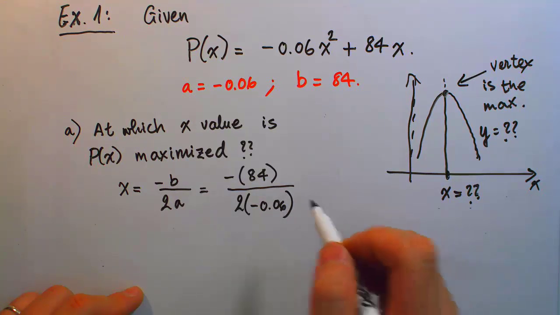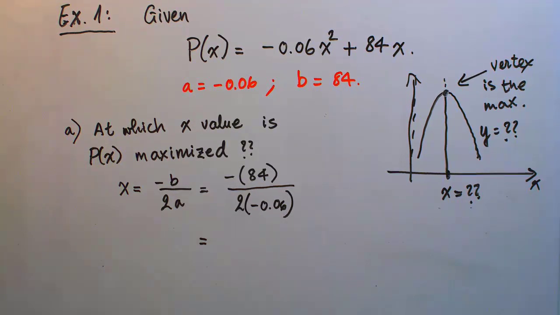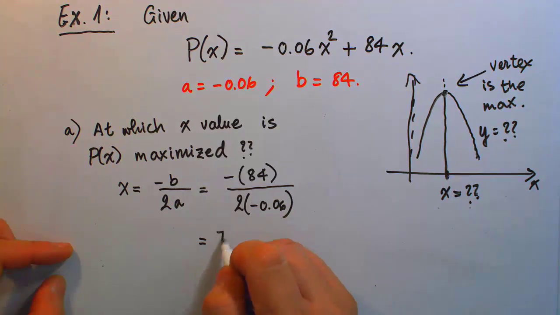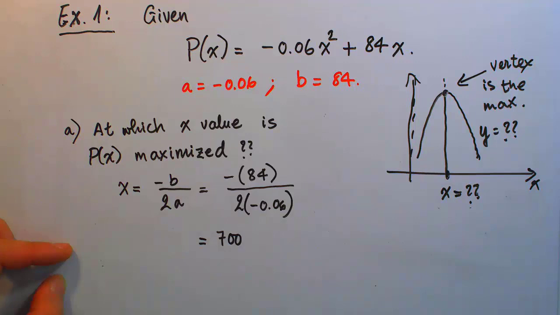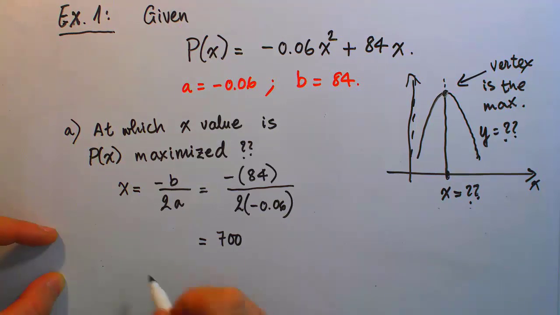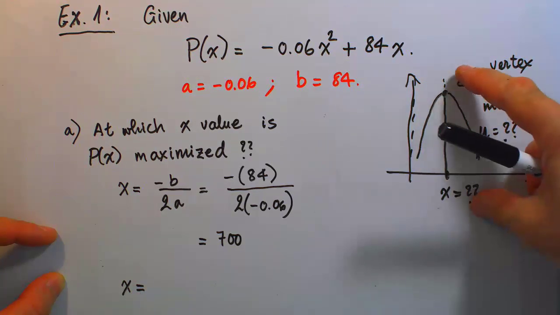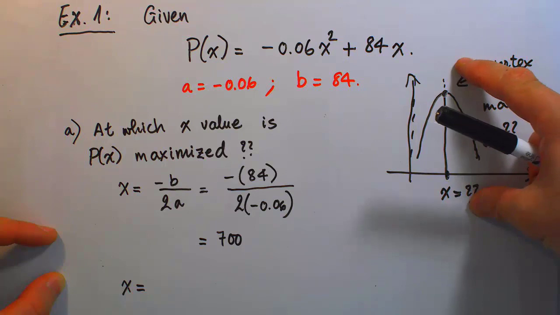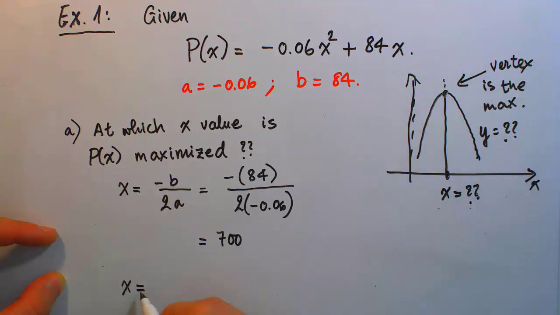And so now the calculation comes out to be positive 700. And so now we found that the function p of x will reach its maximum y value, or maximum output value, when x equals 700.